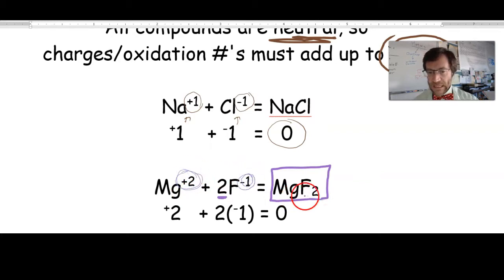We have 1 magnesium and 2 fluorines. The charge of magnesium is 2, so I have to multiply the charge of fluorine by 2, and if the charge of fluorine is 1, I have to multiply the charge of magnesium by 1 to get a balanced chemical formula.